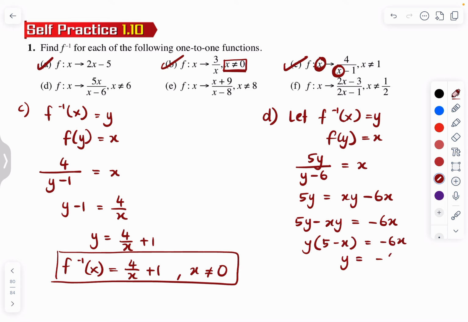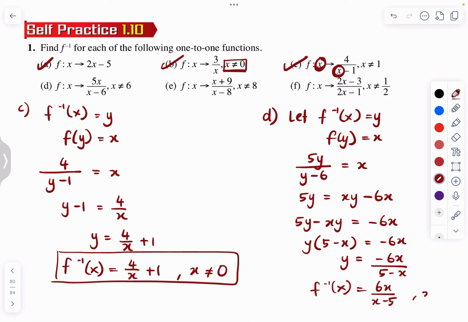Making y the subject, we will get this. If you don't want negative in your fraction, what we can do is multiply everything by negative. So we get 6x over (x minus 5). So this will be our f inverse x.